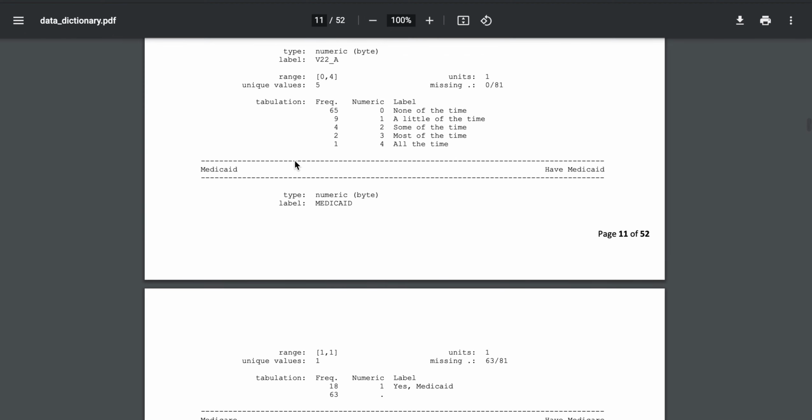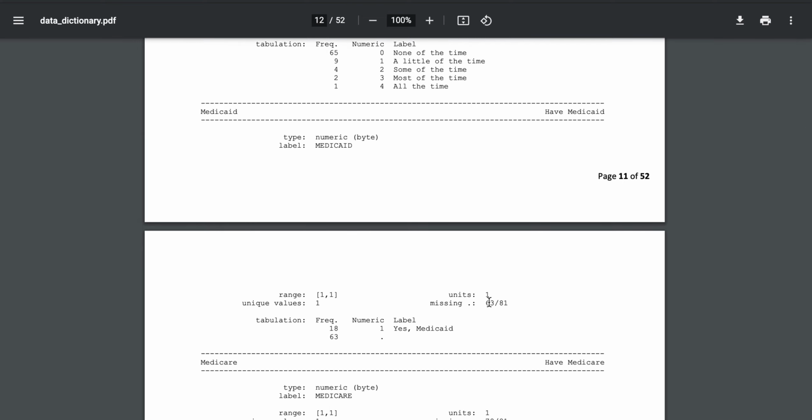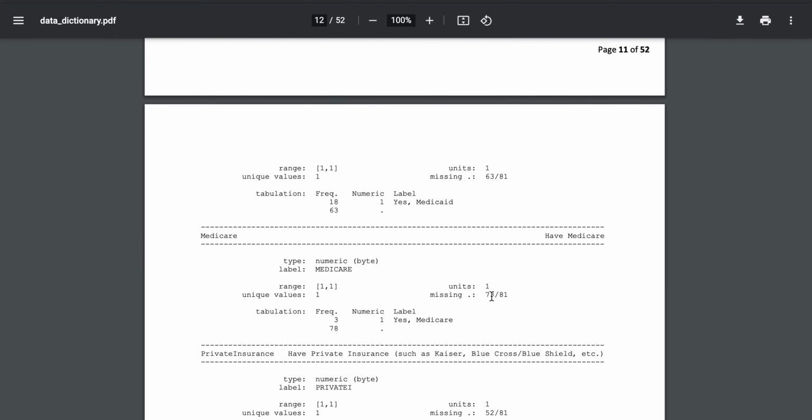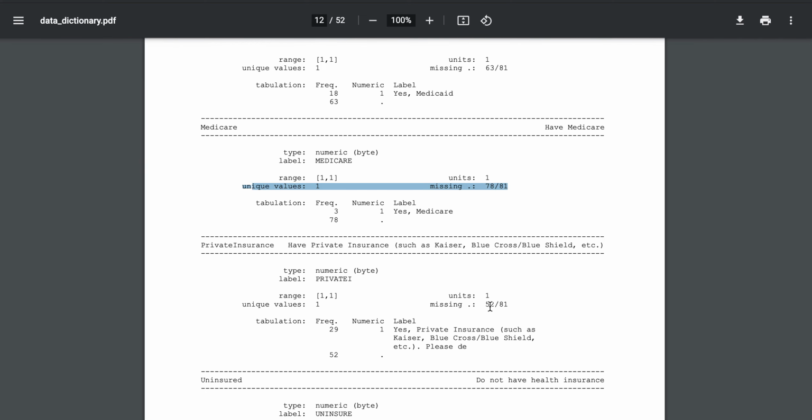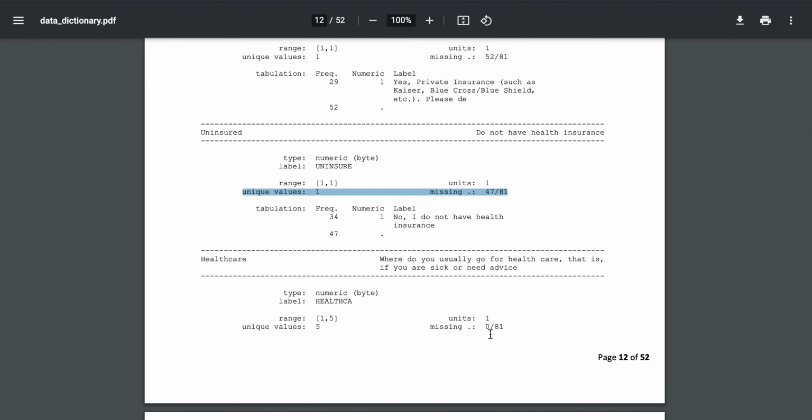And then here we have variables that we can't really use because there are 63 missing, 78 missing, 52 missing, 47 missing.